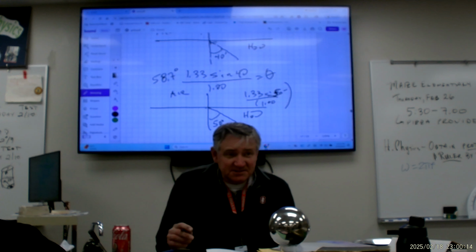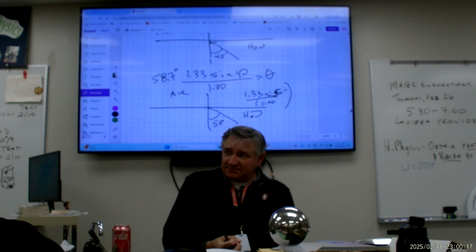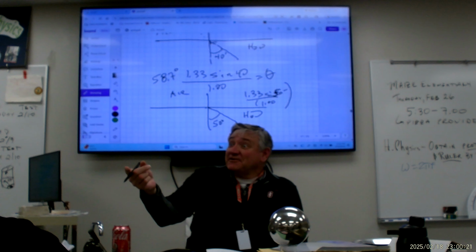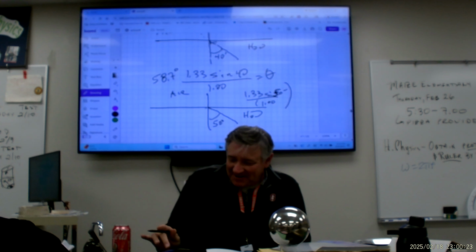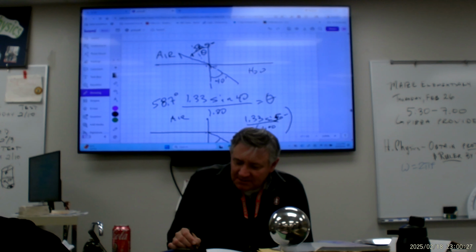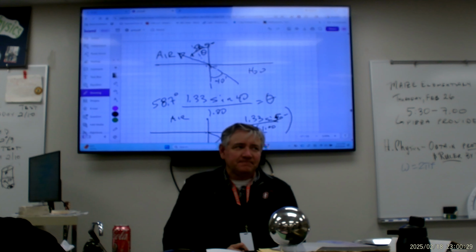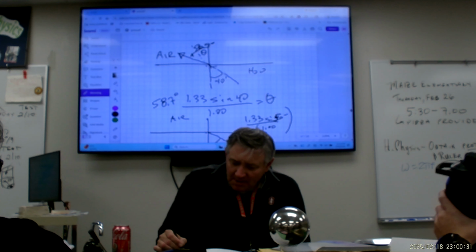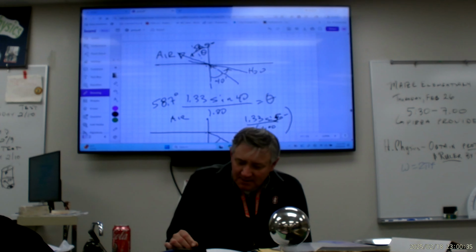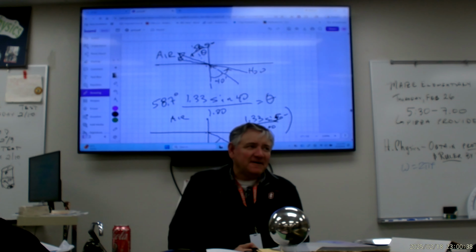So this is the whole idea of internal reflection. There's a critical angle. At 40 degrees, that flattened out to 58.7. If I go up to like 42 degrees, it's going to flatten out even more.